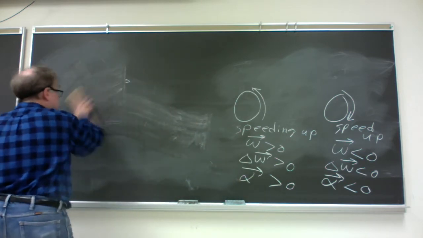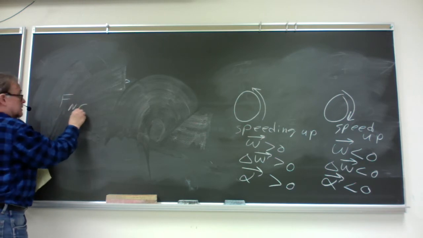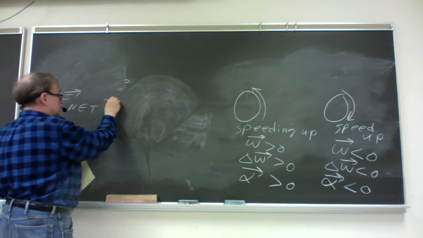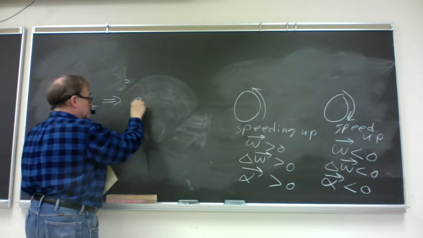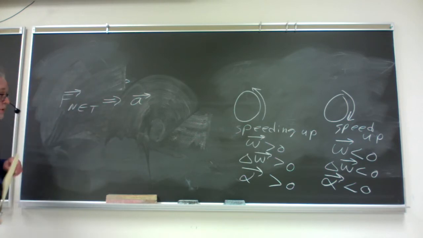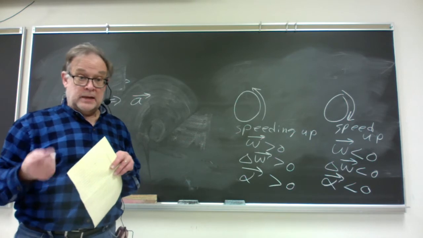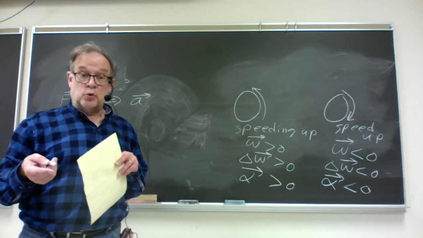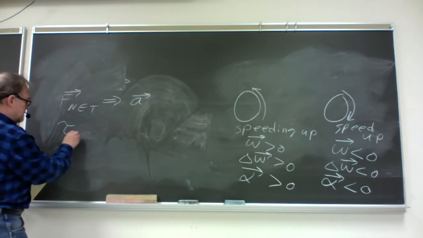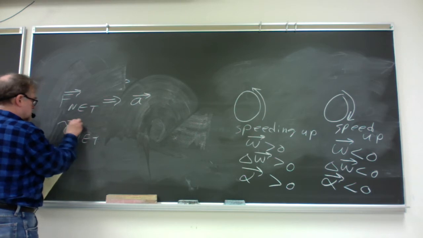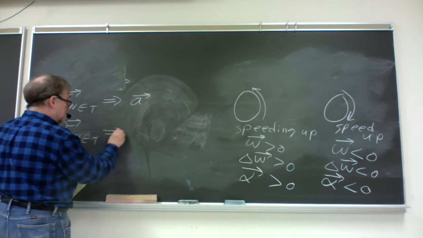So if there is a net force, that always implies there is a meters per second acceleration. And similarly, there's this thing that we call torque. And the net torque, whatever that is, we'll get to that in a minute, if there is a net torque, that causes angular acceleration.